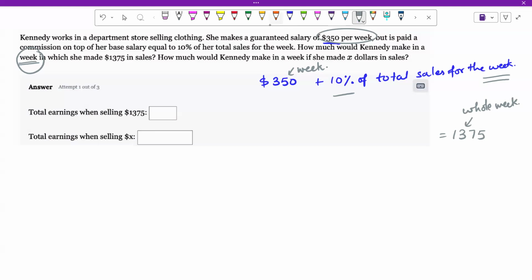Now what do you think? Any idea how we can put it in an equation format? 350 plus 0.10, because that's percent, equals 1,375. But they're asking how much would Kennedy make in a week if she made X dollars in sales?